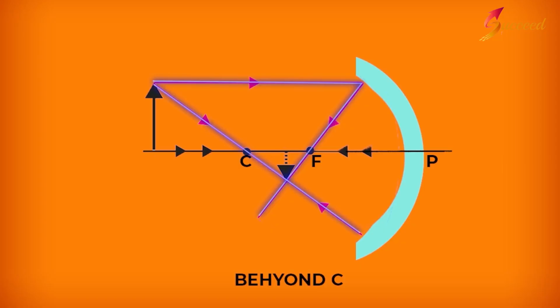Now at the point of intersection of these two lines, the image is formed. We can see the image is real, inverted and slightly diminished when compared to the object. And the image is formed somewhere in between F and C.